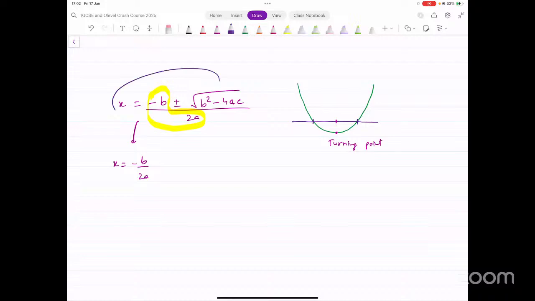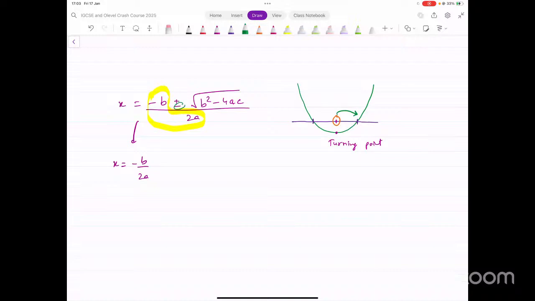Now, the way the quadratic formula works is, this minus b over 2a part first takes you to the exact center of the curve, the midpoint, the central point of the curve. And then when you do plus something, it takes you to the x-intercept on the right side of the center.